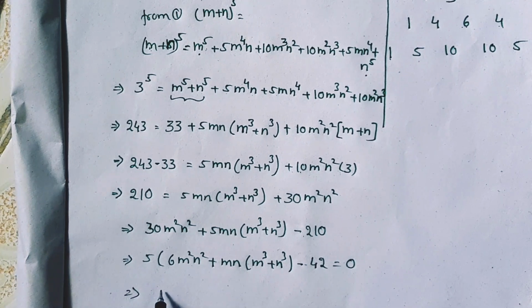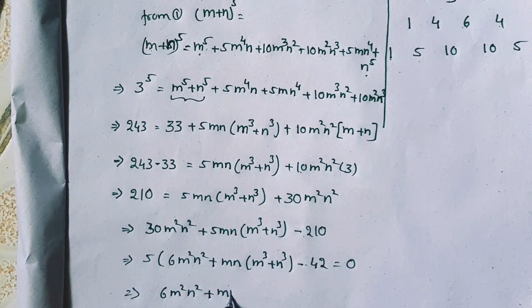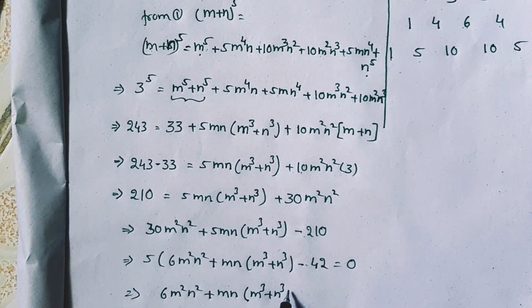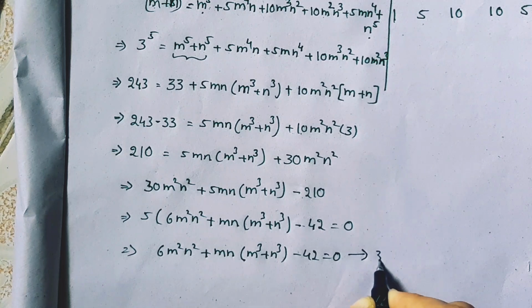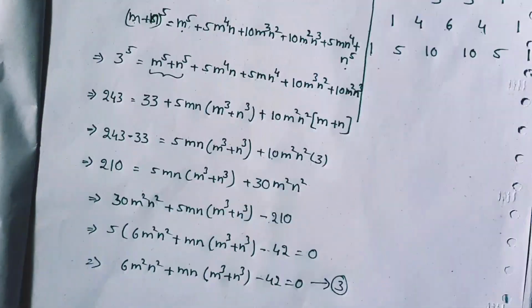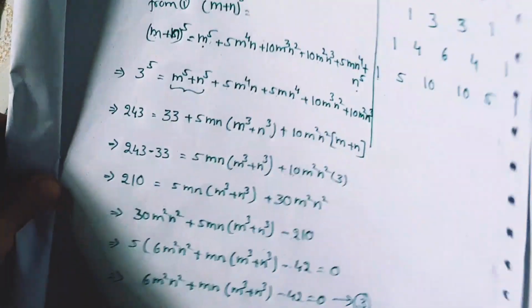So the next step will be 6 m square n square plus mn of m cube plus n cube minus 42 equal to 0. So let us treat that this is equation 3. Okay.